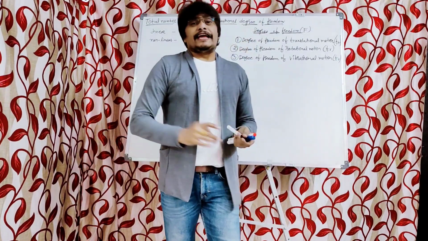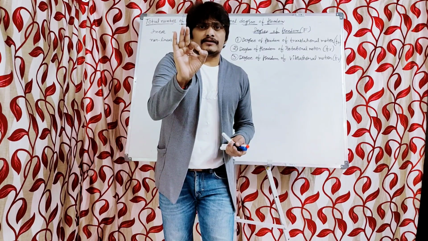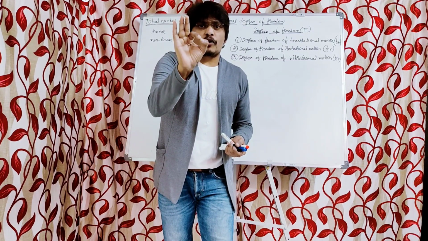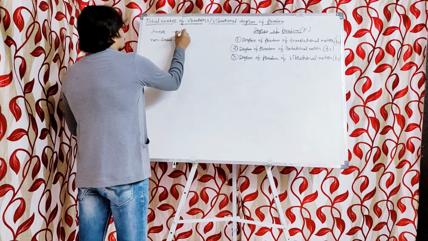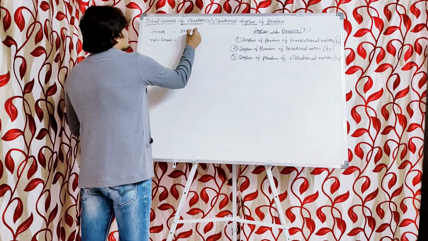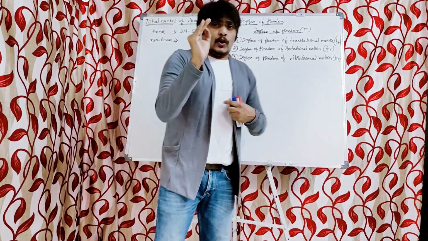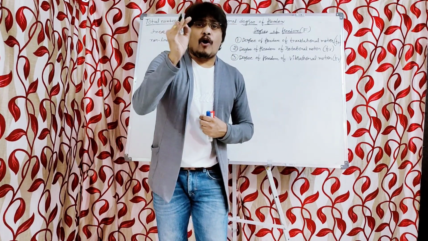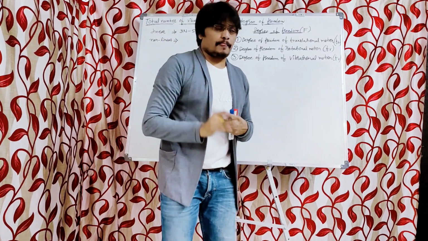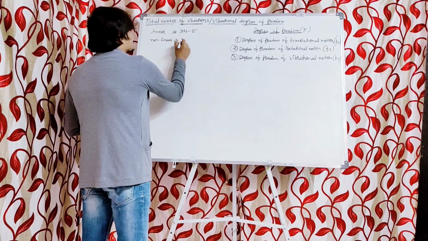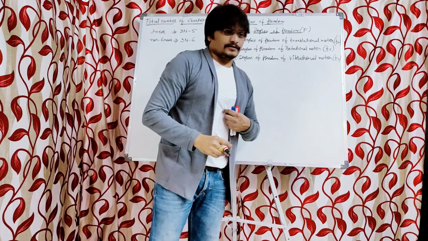To calculate the total number of vibrations in linear molecules, one formula has been formulated: 3n minus 5. And to calculate the total number of vibrations in non-linear molecules, another formula has been formulated: 3n minus 6. What n is, and what 3 is, I will explain later.